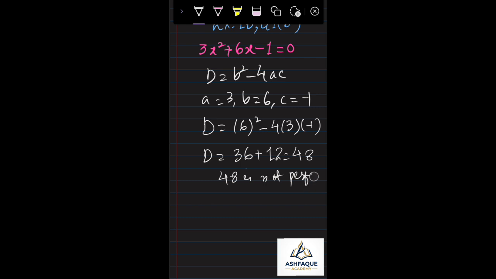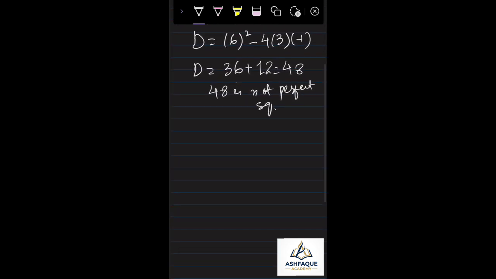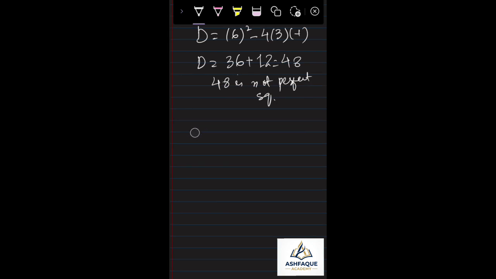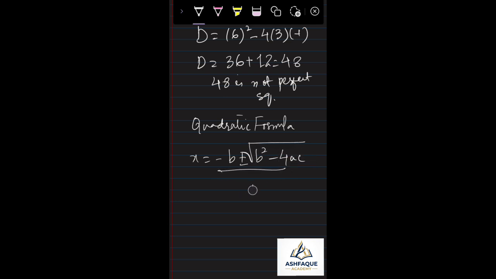So what we have to do, we will use the quadratic formula, which is x equals minus b plus minus the root of b square minus 4ac upon 2a.